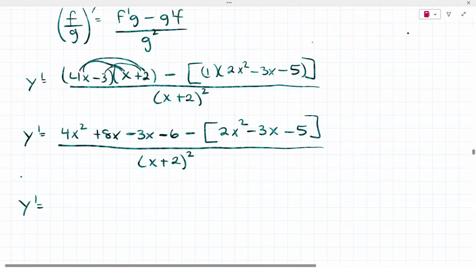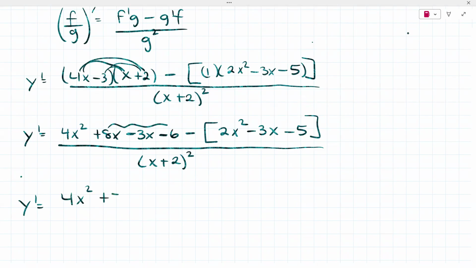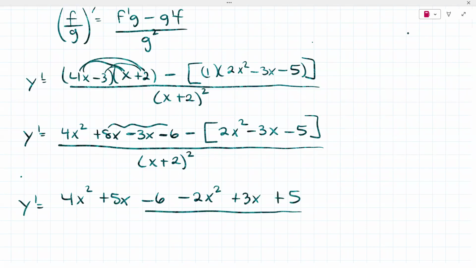So before I distribute this minus, clean this up a bit. It's going to be 4x squared, 8x minus 3x is 5x, minus 6, and then distribute this minus, so it's going to be negative 2x squared, plus 3x plus 5, all over x plus 2 squared.